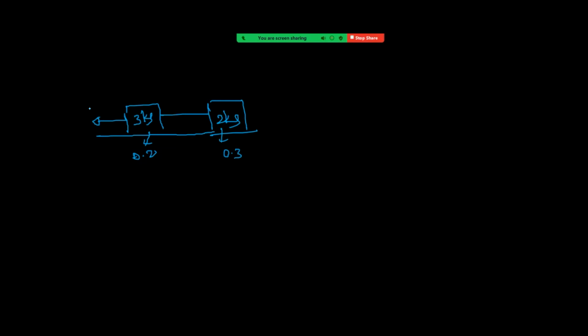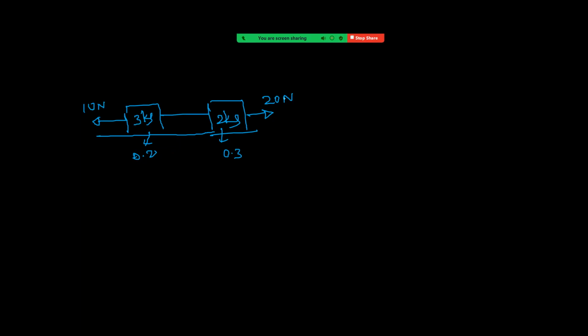Applying a force, take it as 10 here, and applying force 20 here. So it is the same as the previous question. See once. The limiting value is 6 here, and here also the limiting value is 6. So to bring the system into motion, there must be a minimum force of 12 Newton. But you see, this is 20 and this is 10. So the net value is 10.